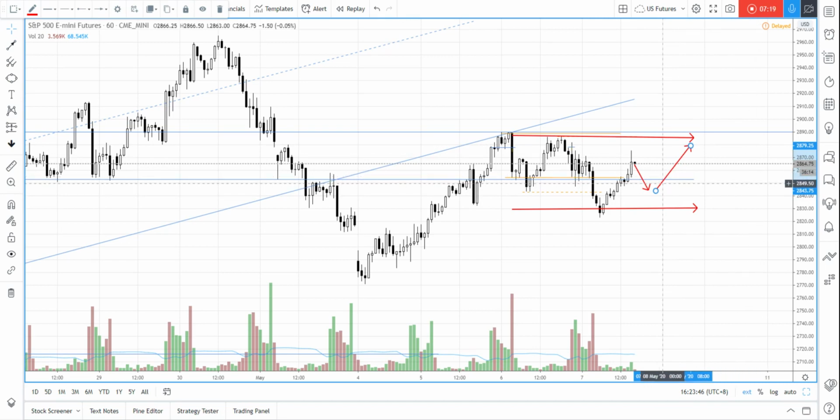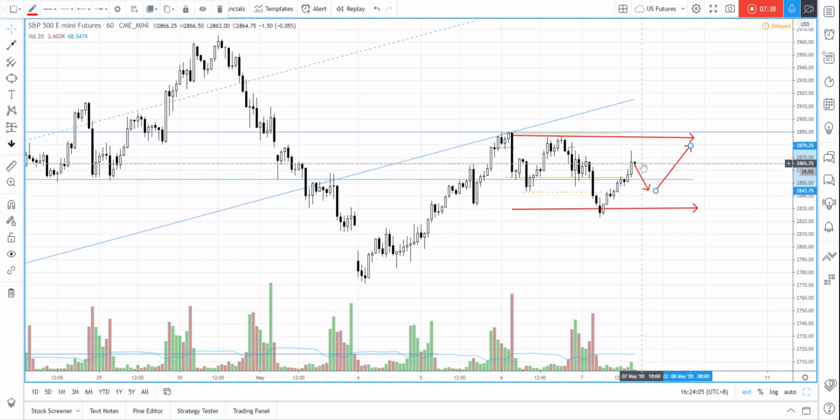So basically I'm still looking at 2840 to 2850 as a launching pad to initiate a long entry. As long as there is some kind of rejection or bounce up from this level, then I think it could become a good long entry.